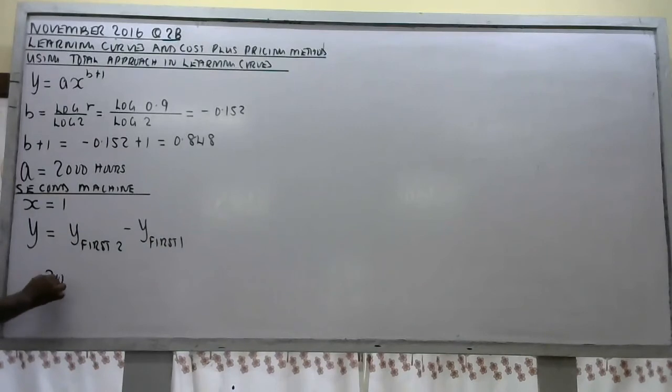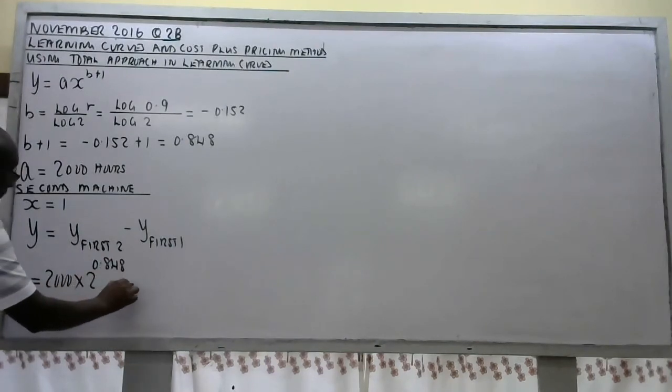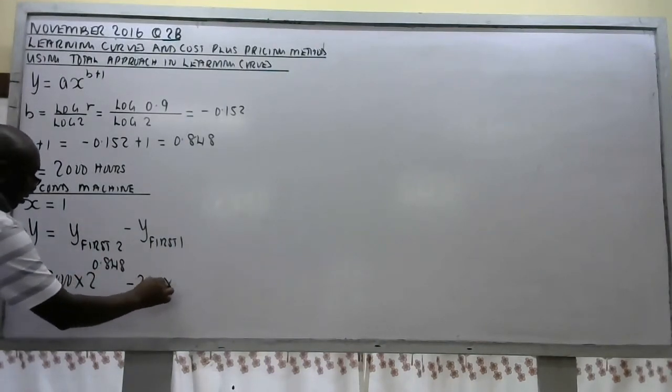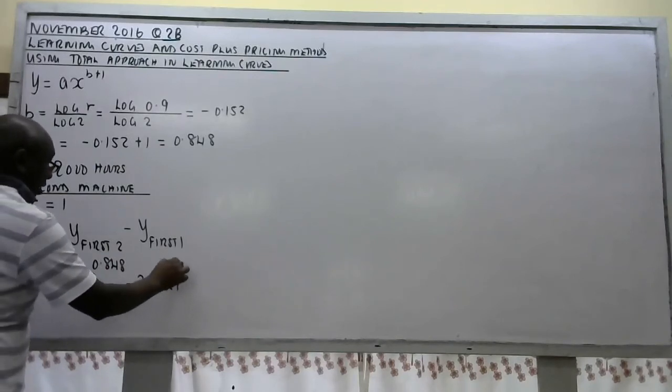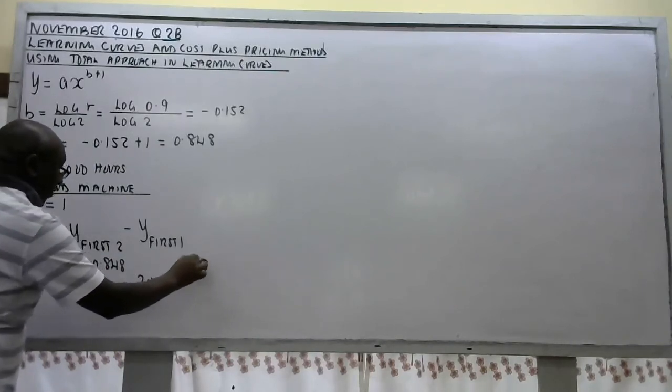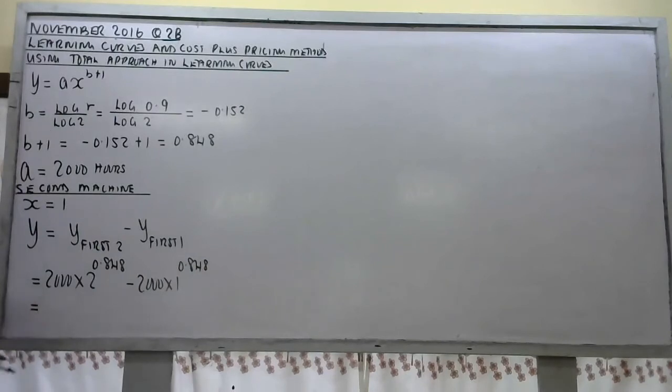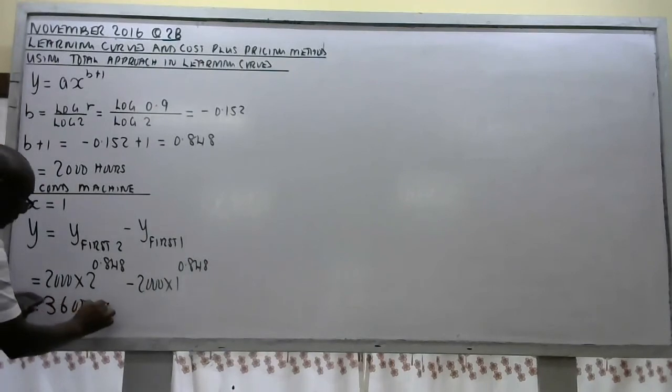So this will be 2,000 times 2 raised to power 0.848 minus 2,000 multiplied by 1 raised to power 0.848. If you take your calc, 2 raised to power 0.848 multiplied by 2,000 will be 3,600.